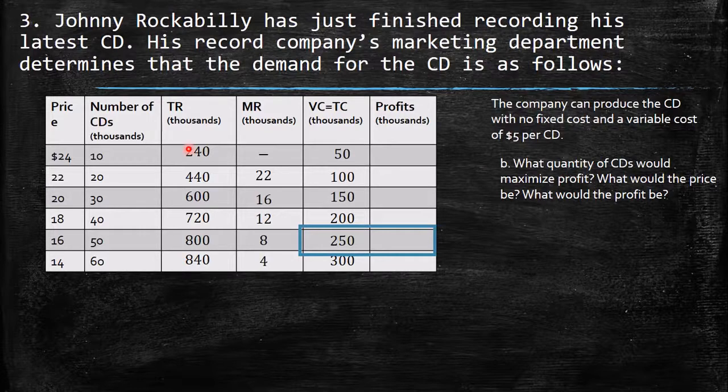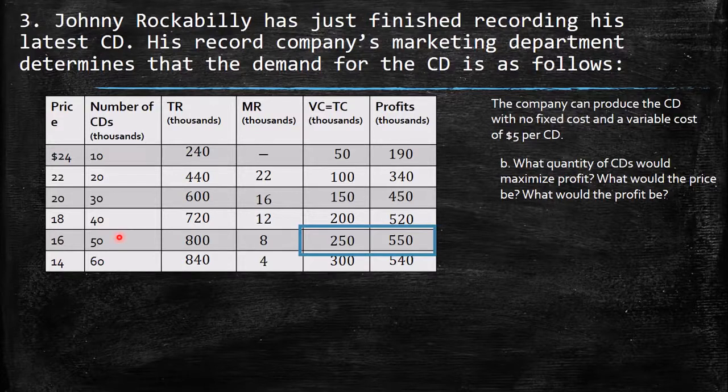Total revenue is going to be 240 minus total cost is going to be 190. This one is going to be 340. This is going to be this one minus this one, 450, 520, 550, and 540. So this one is going to be the maximization, okay, in this part.